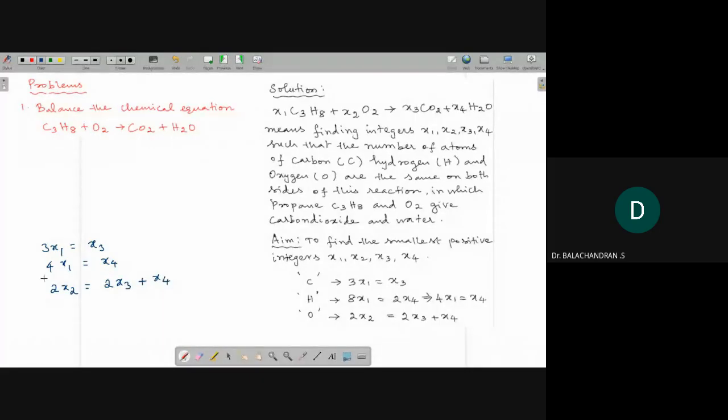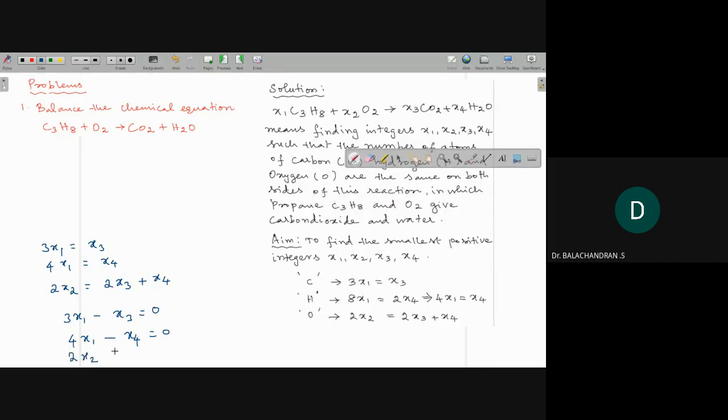Now from the first equation you can write 3X1 minus X3 equals 0, and then 4X1 minus X4 equals 0, and then the third equation, 2X2 minus 2X3 minus X4 equals 0.